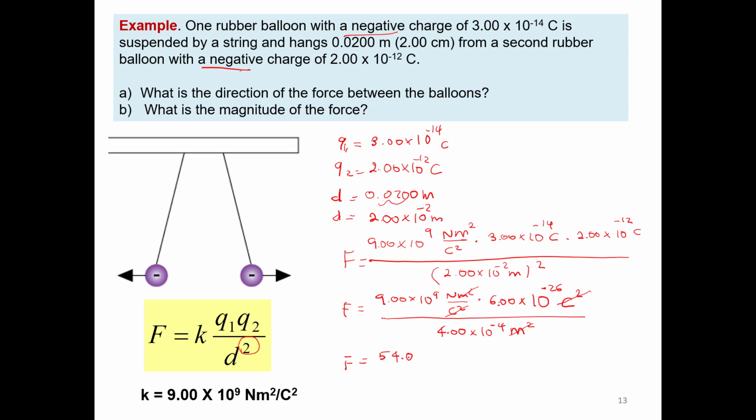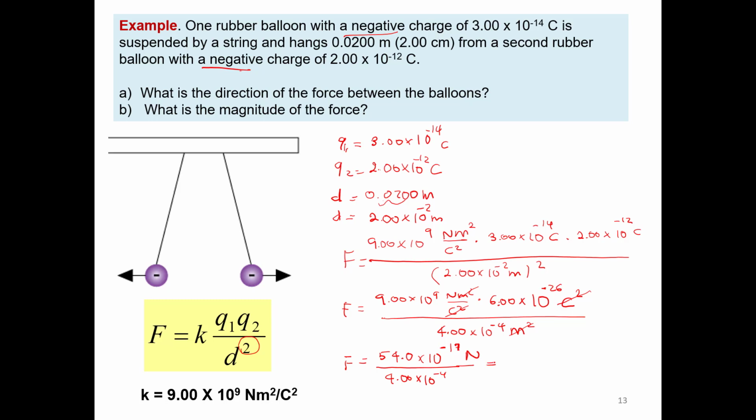Keep the 3 significant digits. Now in this case, one exponent is positive and the other is negative, so we need to subtract these exponents and keep the negative sign because it's the larger number. Negative 17 newtons. Okay, divide by 4 times 10 to the power minus 4.